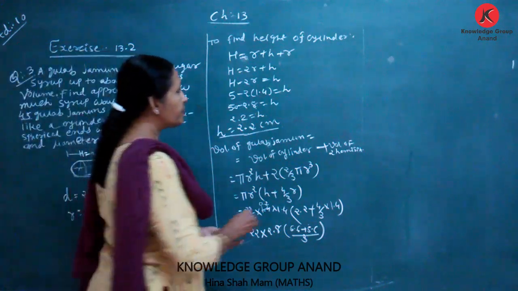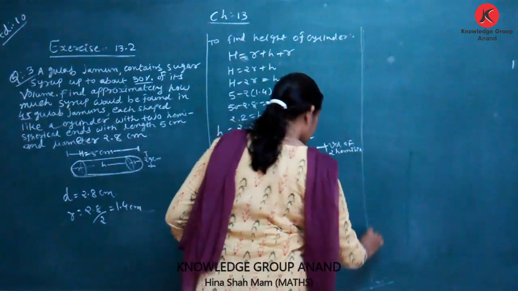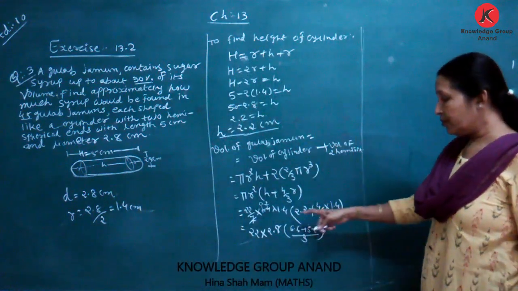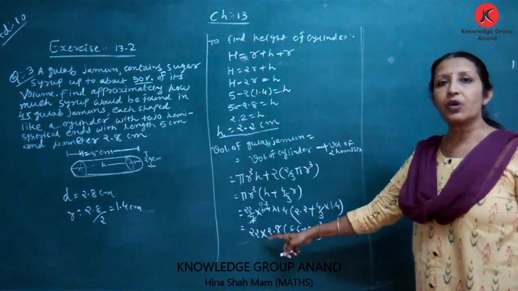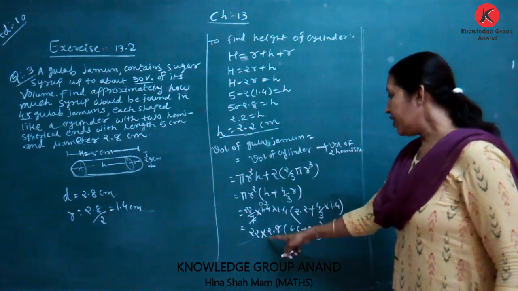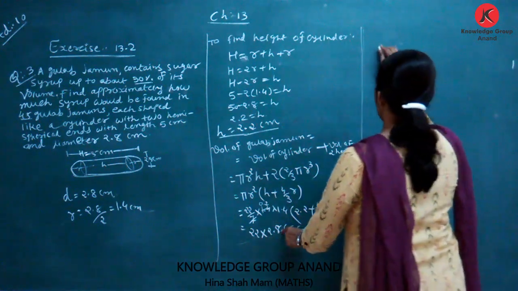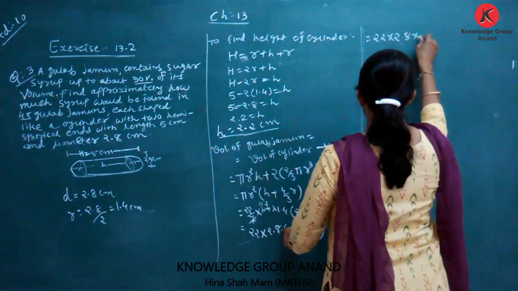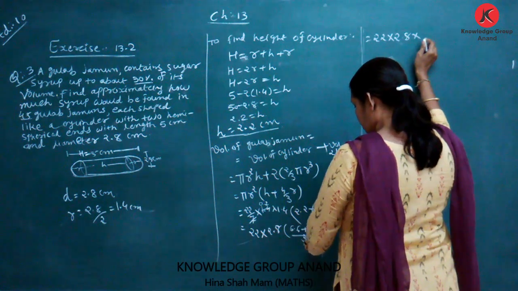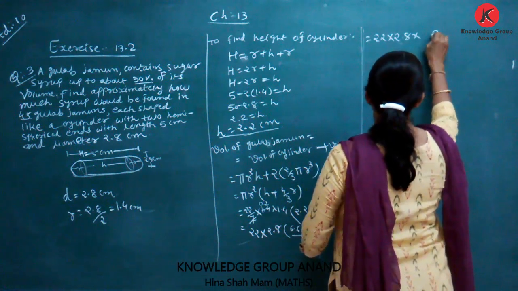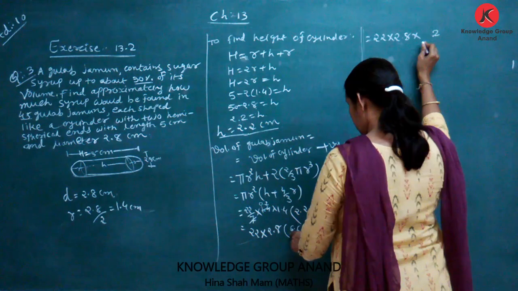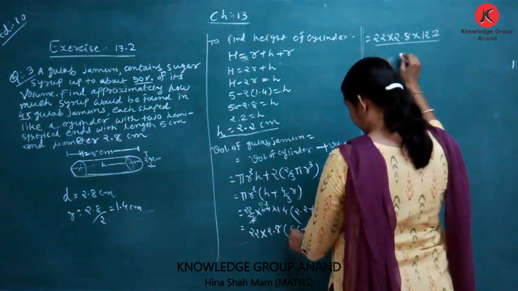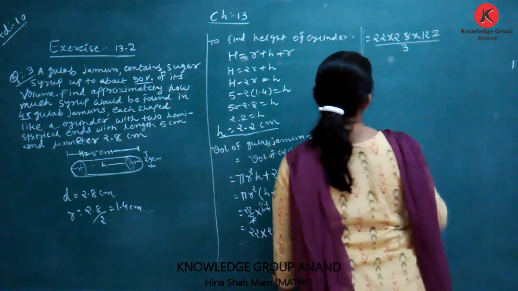Now, this sum is most important for 3 marks or 4 marks. 22 into 2.8 into 12.2 divided by 3.